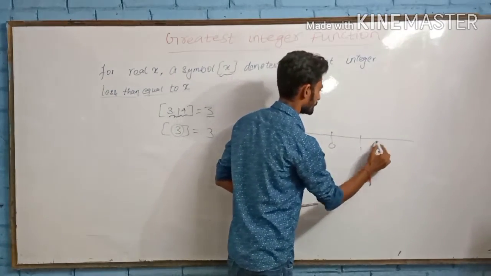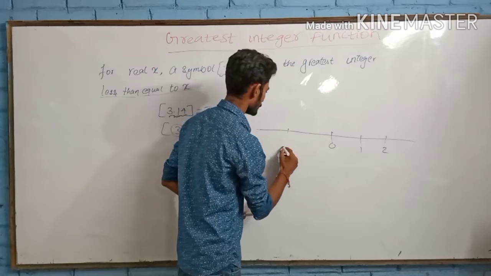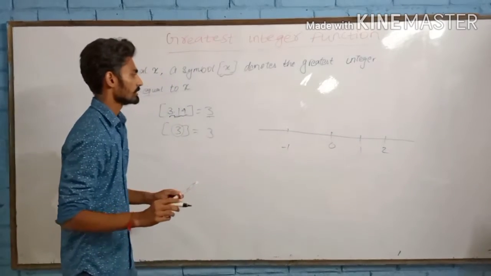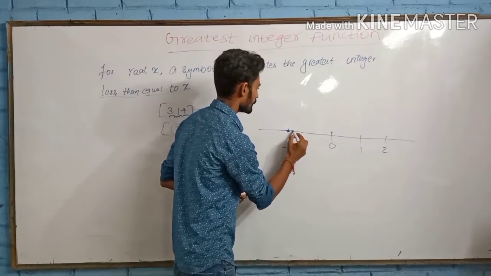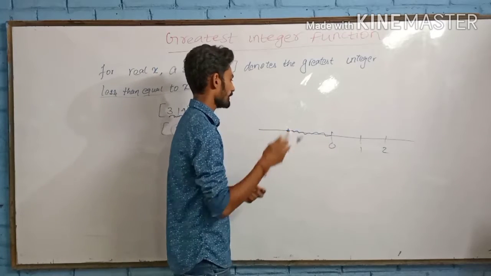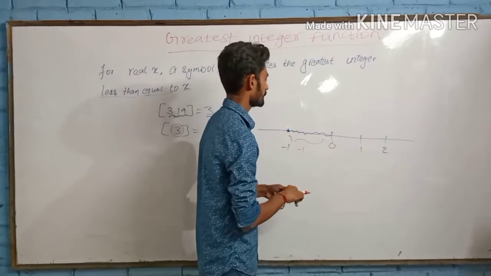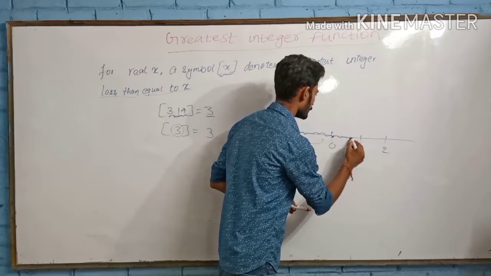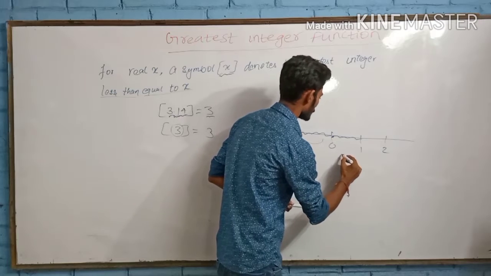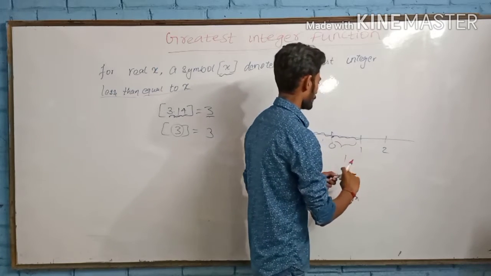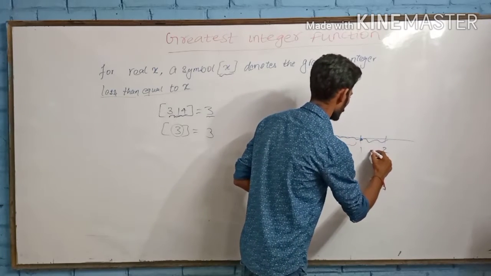Now let's see on the number line. This is the number line. From -1 to 0, the value of greatest integer function is -1. From 0 to 1, the value of greatest integer function is 0, and from 1 to 2, the value of greatest integer function is 1.